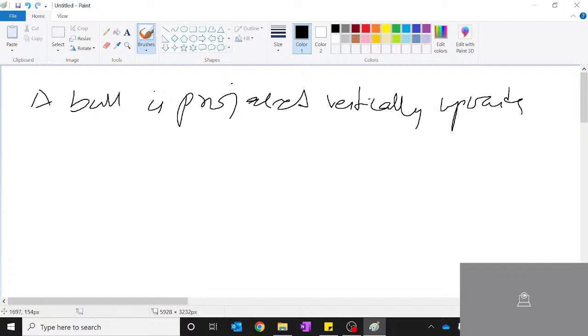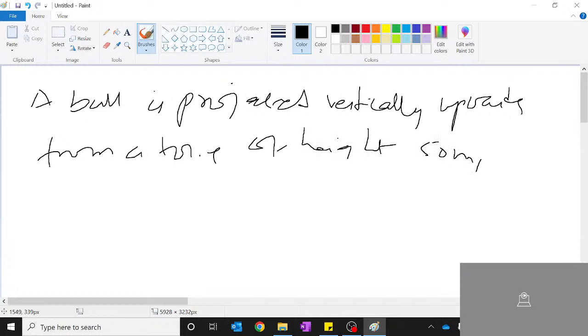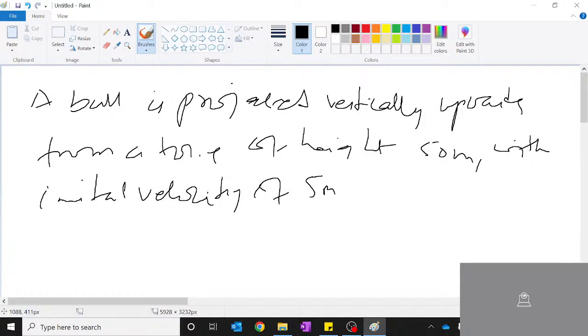A ball is projected vertically upwards from a tower of height 50 meters with an initial velocity of 5 meters per second.